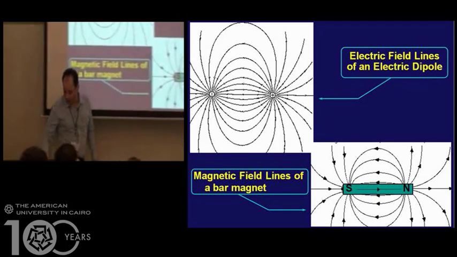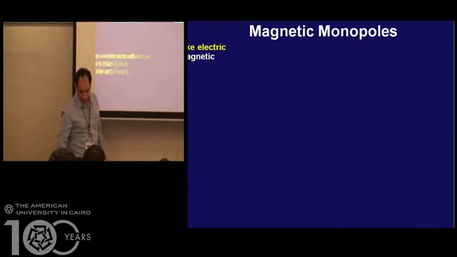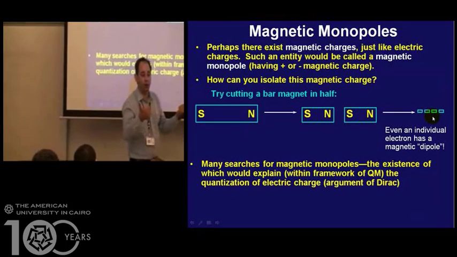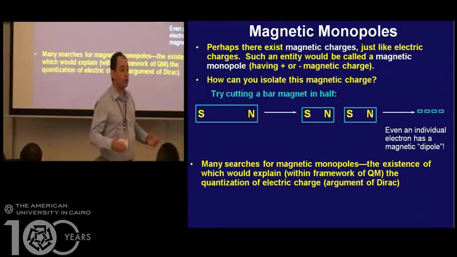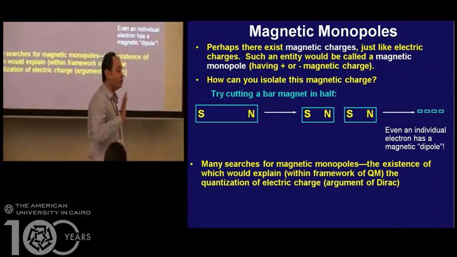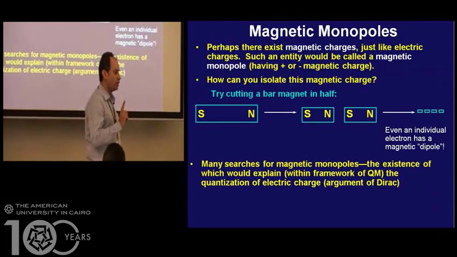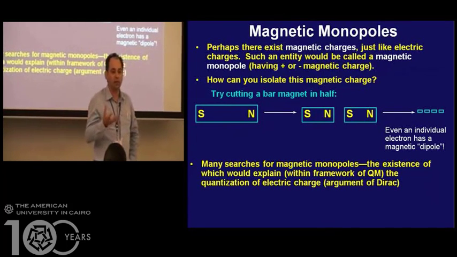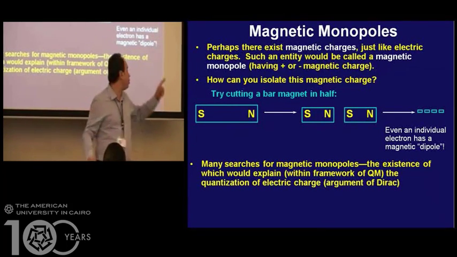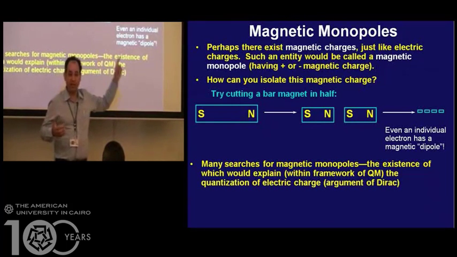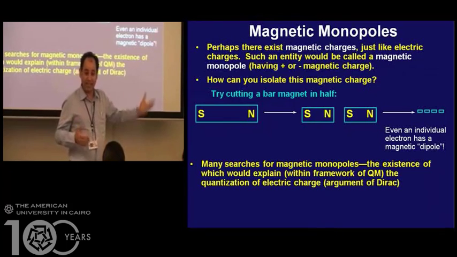Each time you break it, even if you break it into very, very tiny magnets, you get a dipole, north and south all the time. So in magnetism, there is nothing called a monopole. You cannot have a north pole by itself, or a south pole by itself. There is always a dipole. Okay, this is the difference between electricity and magnetism.